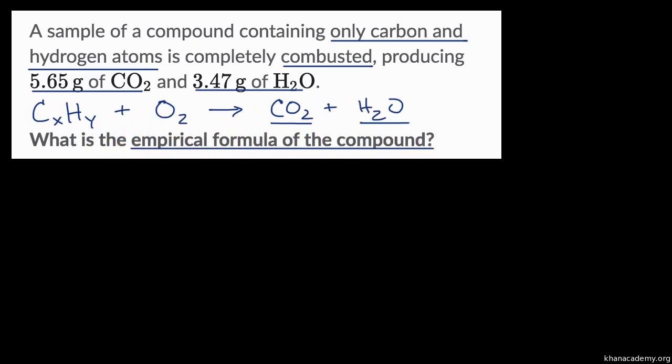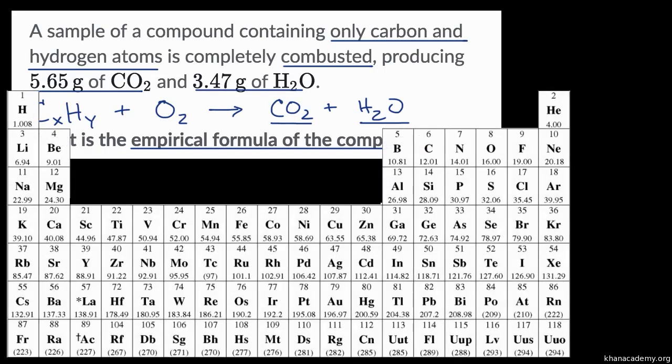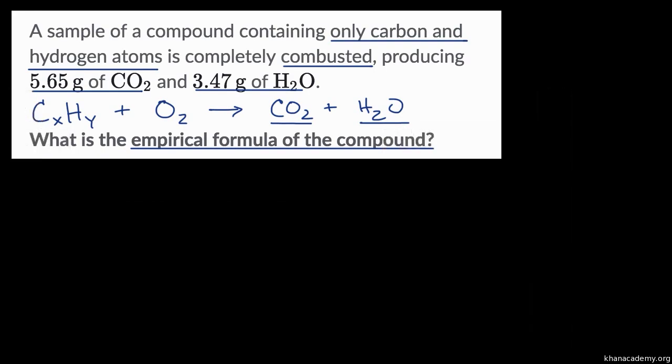So just to start, because I'm going to be thinking about moles and molar masses and the mass of a mole of a molecule or an atom, let's get the average atomic mass for carbon, hydrogen, and oxygen to work with. So I'll get out our handy periodic table. We can see hydrogen has an average atomic mass of 1.008. Let me write that down.